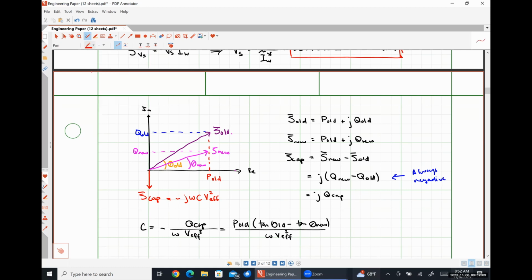And the reason why I prefer this relationship is because typically figuring out what theta old and theta new are is a little easier than figuring out what Q cap is. So let's revisit our previous example problem.